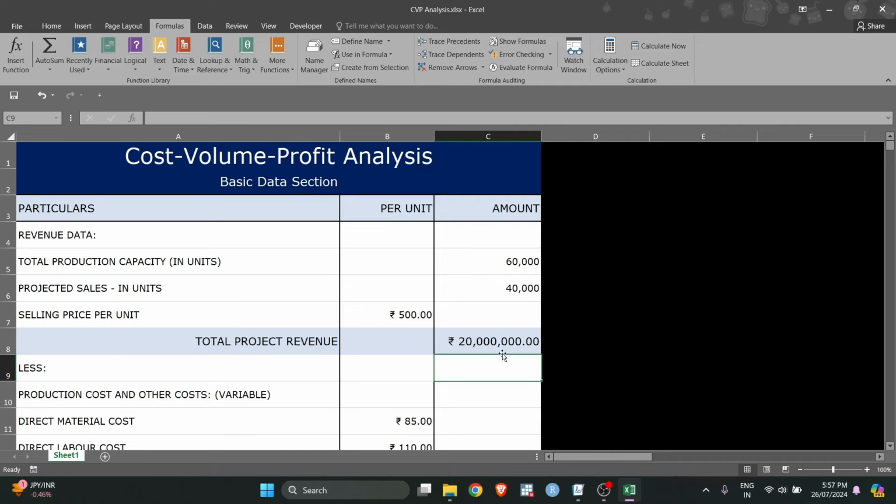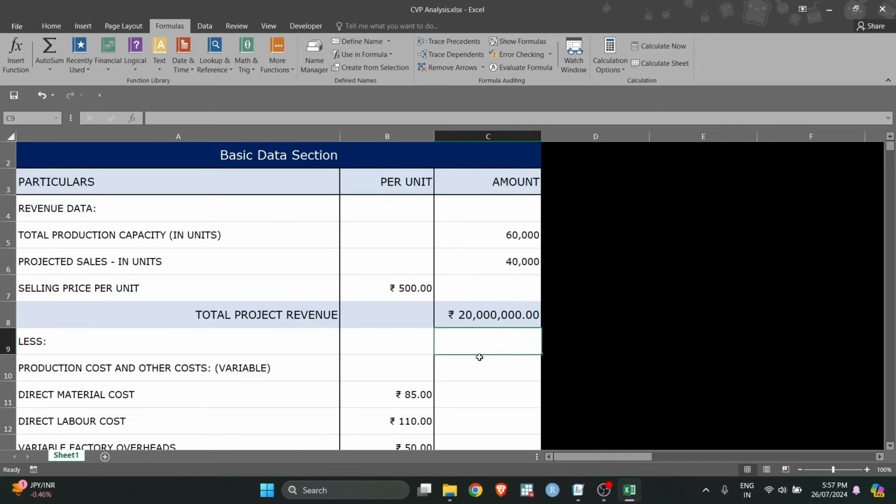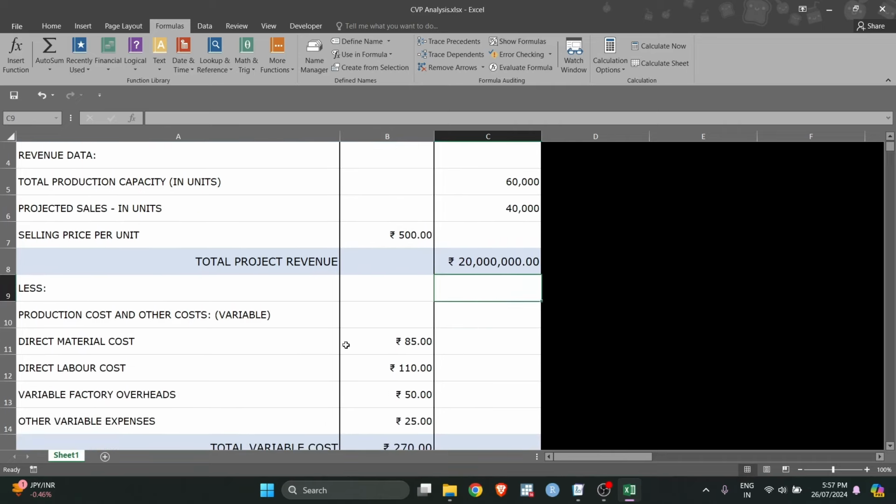Hit enter. So this is the total revenue which I have got. Now this is the per unit direct material cost. So how much is the total material cost? This material cost into how many units I am using, sales unit. Enter.